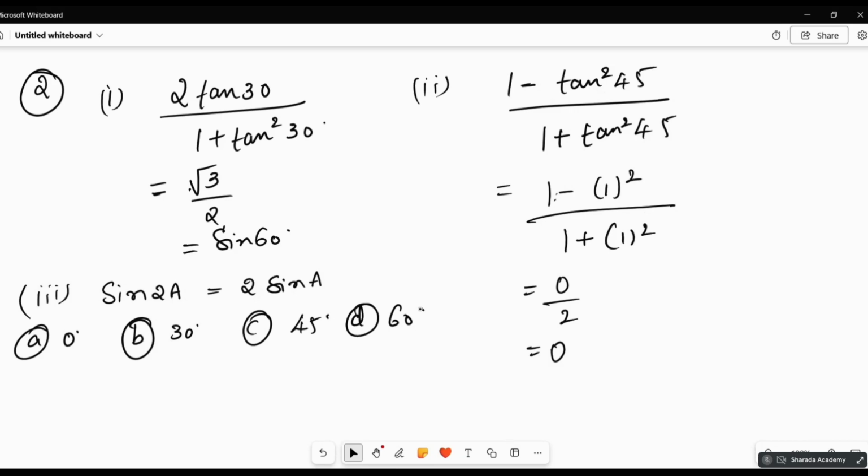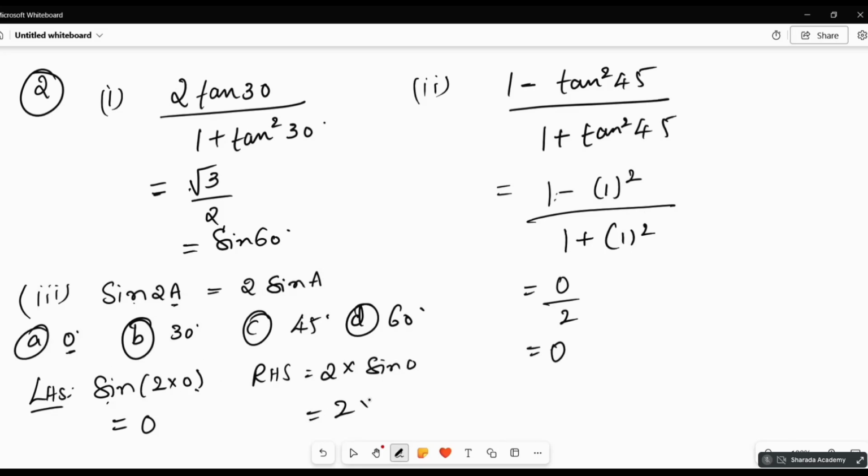First put A is equal to 0. Sine of 2 into 0 is sine 0, which is 0. This is the LHS part. What about the RHS? It is 2 into sine A, with A taken as 0, so 2 into sine 0 is 0. So LHS is equal to RHS here, so the first option is the correct option.